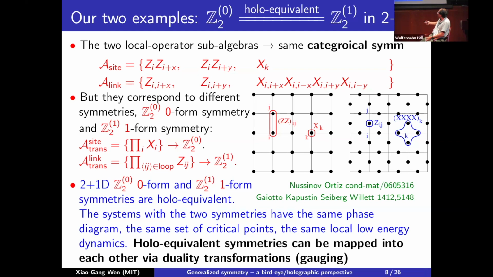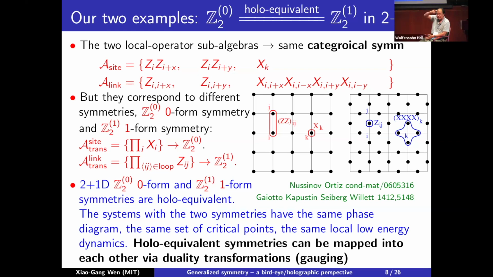So these two models are kind of interesting, because one has a zero-form symmetry and the other has this non-topological one-form symmetry, but these two symmetries are actually holo-equivalent. So in this example, two seemingly very different symmetries are actually equivalent. They are equivalent in the sense that the phase diagrams of these two models with the two different symmetries have a one-to-one correspondence.